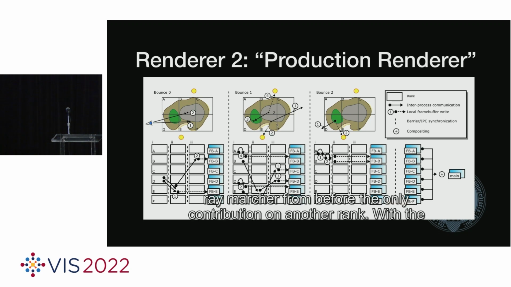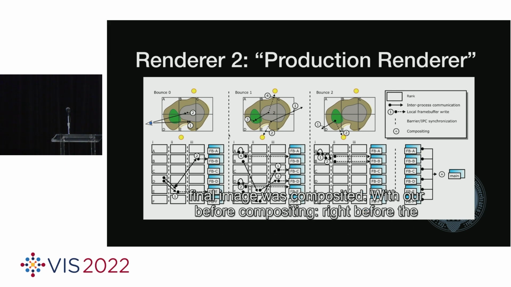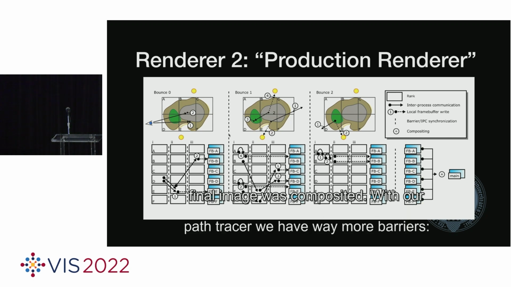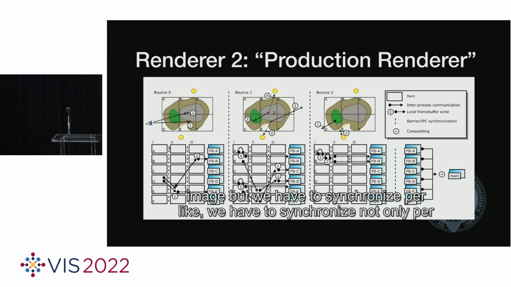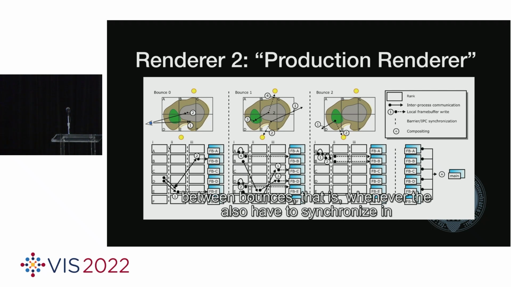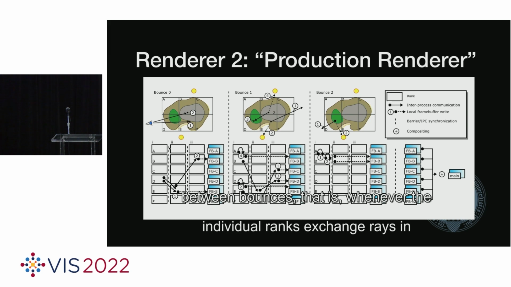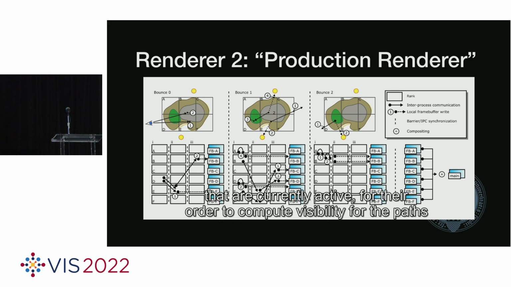With the ray marcher from before, the only relevant barrier was right before the final image was composited. With our path tracer, we have way more barriers. We have to synchronize not only per image, but per bounce, and not only per bounce, but also in between bounces, whenever the individual ranks exchange rays in order to compute visibility for the rays that are currently active for their wavefronts.